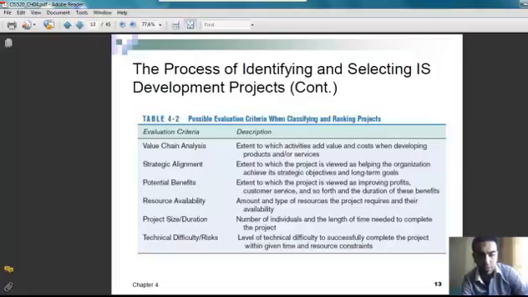Resource availability: amount and type of resources the project requires and their availability. Project size and duration: number of individuals and length of time needed to complete the project. Technical difficulty and risk: level of technical difficulty to successfully complete the project with given time and resource constraints.